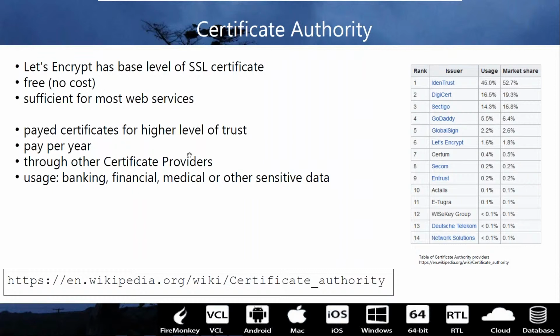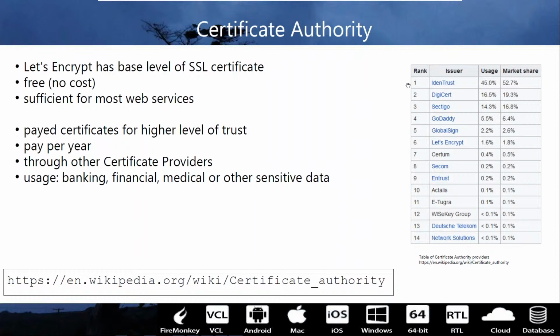You have to make sure that anyone knows who's behind the website. Sometimes you have to upload business documents. So it's more work, but it's a higher level of trust, so that you know that Google.com is actually from Google, and not from someone who just got hold of the Google domain.